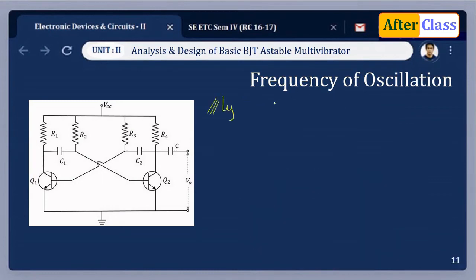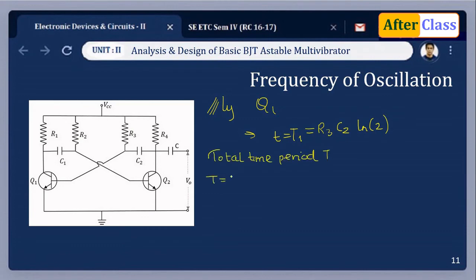Similarly, the off time for transistor Q1 can be obtained, and we can write T1 equals R3 C2 natural log of 2. So the total time period T equals T1 plus T2. We'll just substitute: it is R3 C2 plus R2 C1, common term natural log of 2.